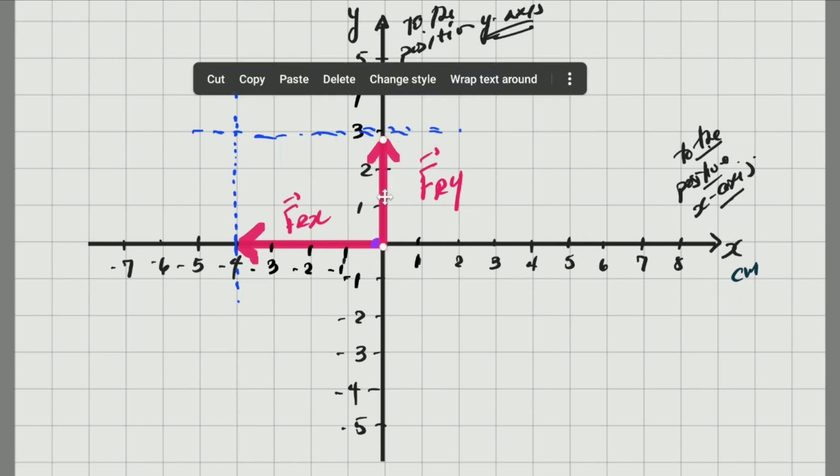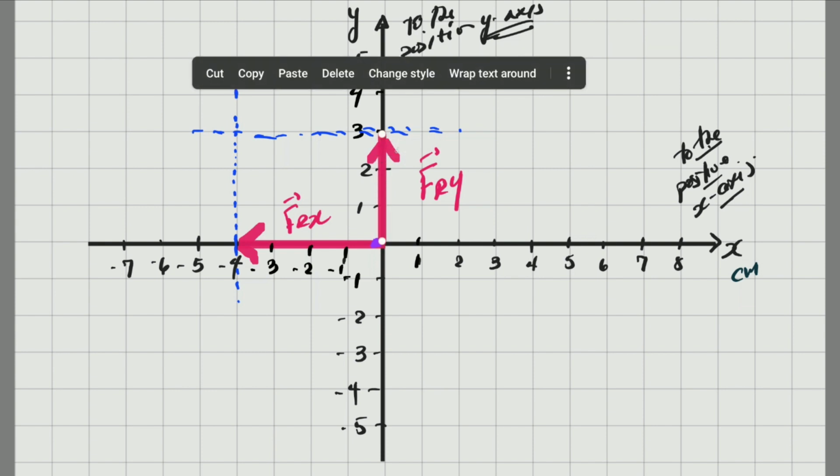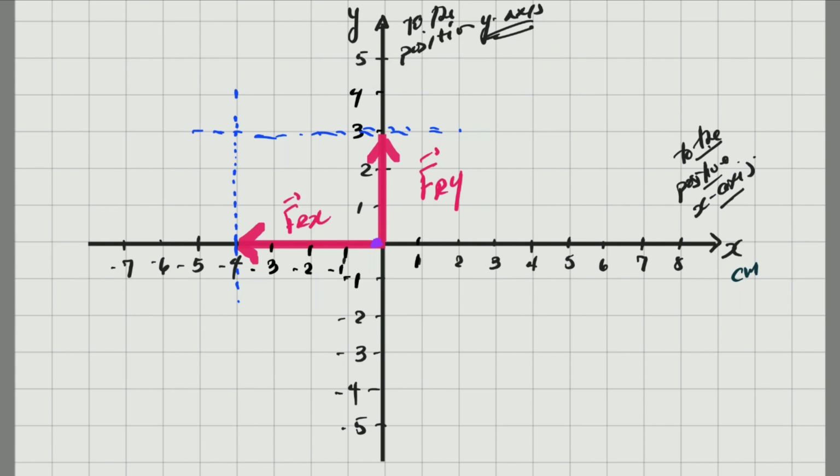Okay, so note this one must be moved a little bit up. There we go. So let's just fix that one real fast. There we go. So we draw parallel lines to each of the vectors, and then the resultant will be from the tail of the two vectors to the head of both vectors.